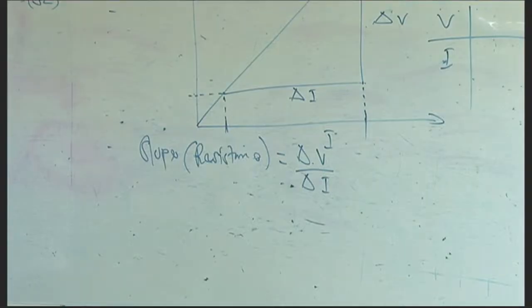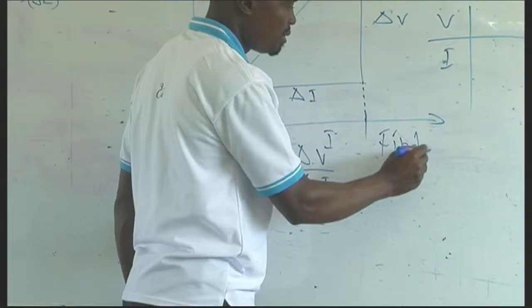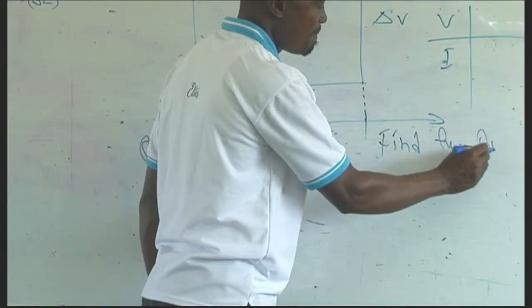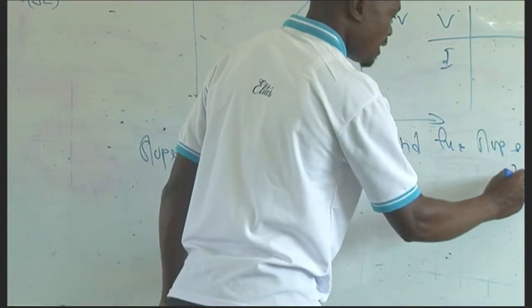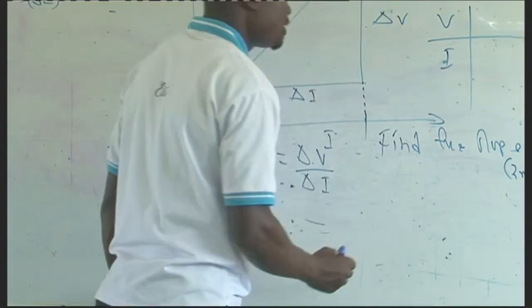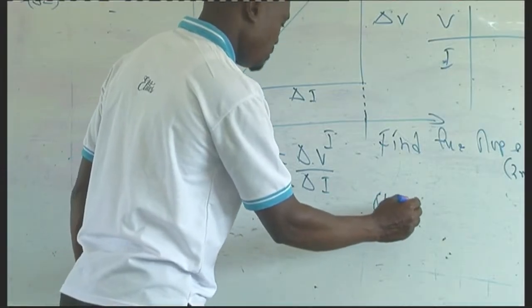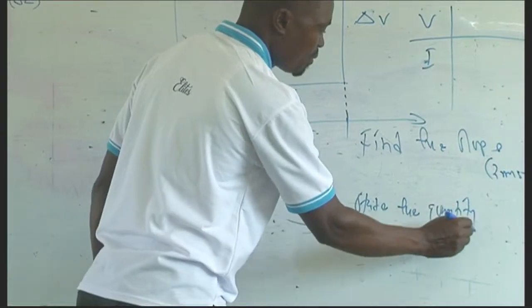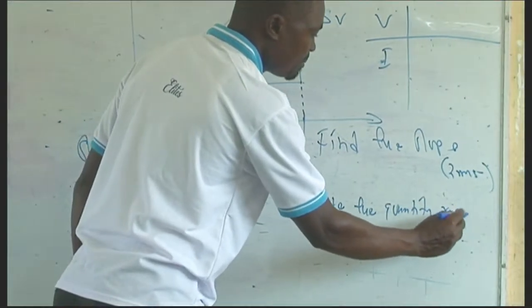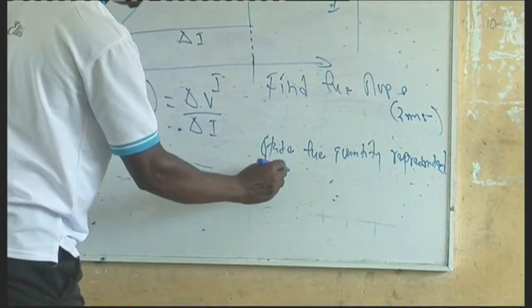Then you will be asked to find the slope, maybe 2 marks for example, and next you will be told to state the quantity represented by the slope.